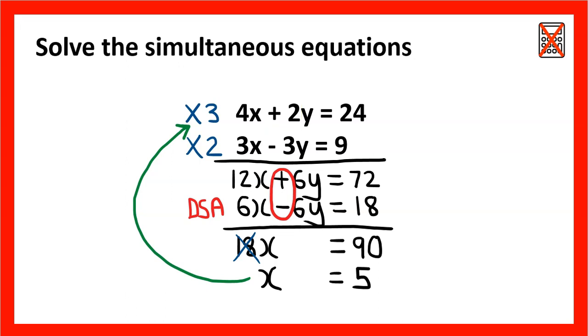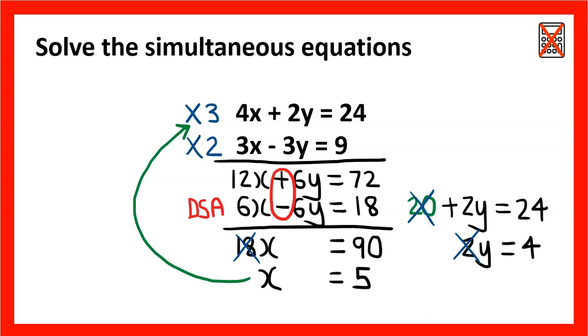Substituting into the first equation then, we have 4 lots of x, and we now know that x is 5, so 4 lots of 5 is 20, plus 2y is equal to 24. And now we can solve this by subtracting 20 on both sides. 2y is equal to 4, and then divide by 2, so y must be equal to 2. So the final solutions to this question, x equals 5 and y equals 2.